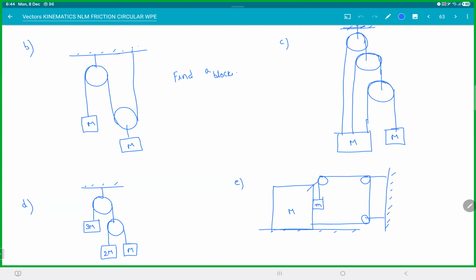E, capital M and small m. Don't take it the same as for the earlier one. This guy, masses are different, capital M and small m. Give them a try. I'll just get some water and come.